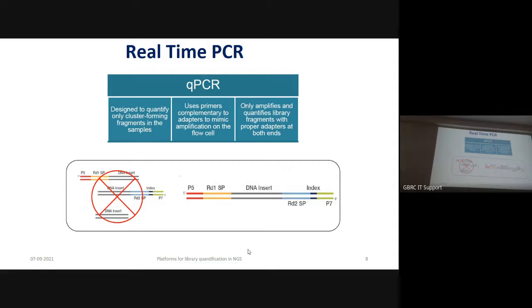But if you quantify your library using either real-time or digital PCR, which uses adapter-specific primers, then it will quantify only the library which has the adapter sequences. Because in library preparation, it may happen that an old DNA fragment may not have the adapter sequences, and it is not going to be sequenced.